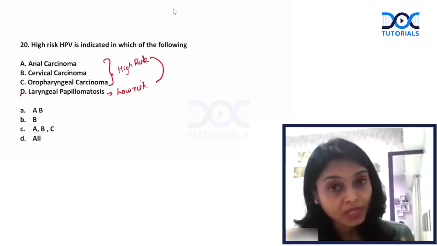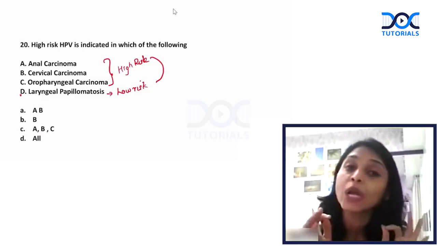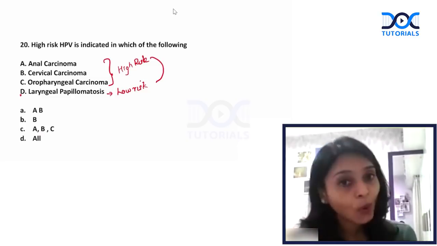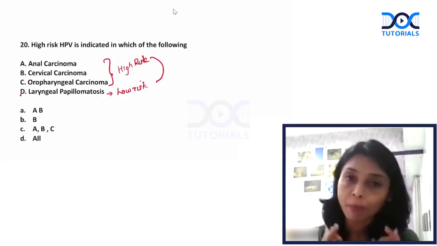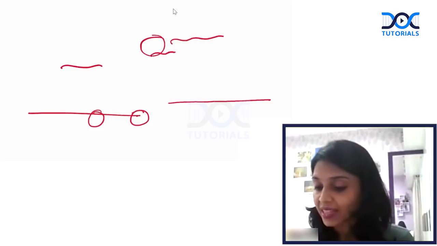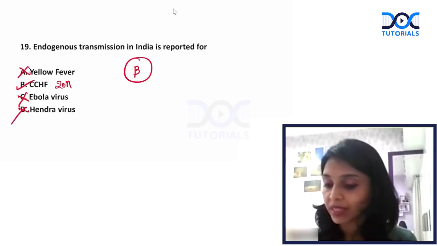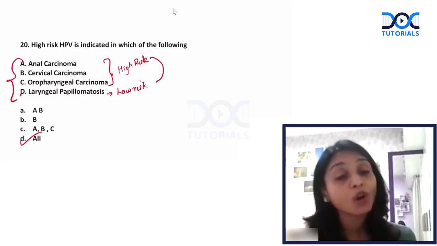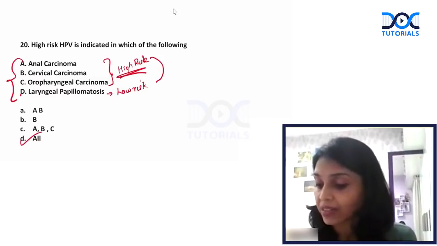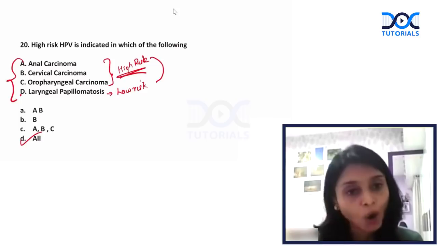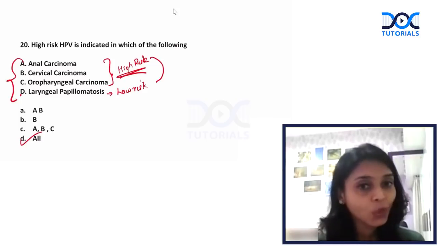Laryngeal papillomatosis is usually caused by low risk HPV, but high risk can also cause laryngeal papillomatosis. So what is the answer? So I think the answer has to be all here, because all these four can be caused by high risk. Is it clear? So here the answer is all. Okay.